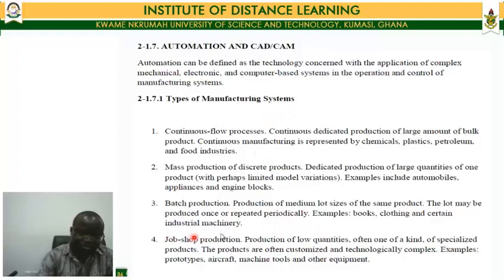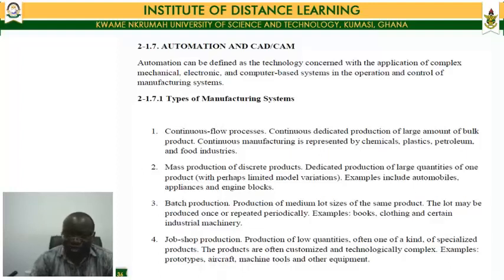Right. Then we have what we call job shop production. Job shop production is production of low quantities, often one of a kind, maybe a specialized product. For instance, this normally comes with aircraft and some other machine tools and equipment.